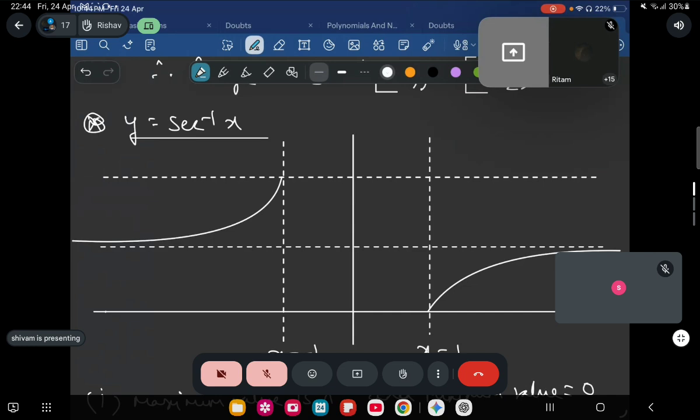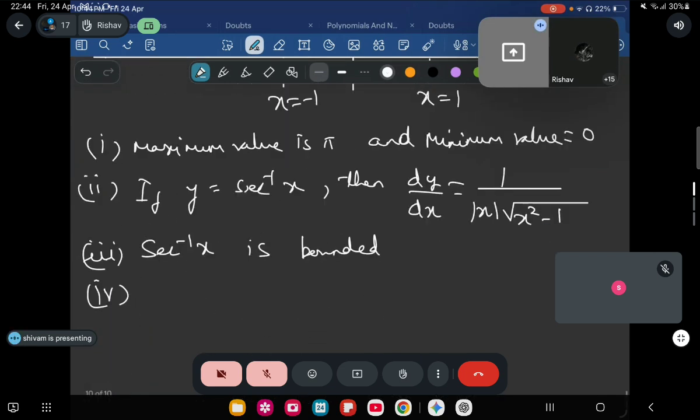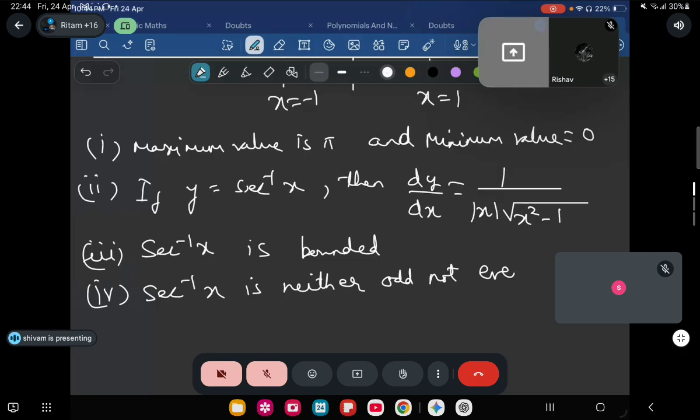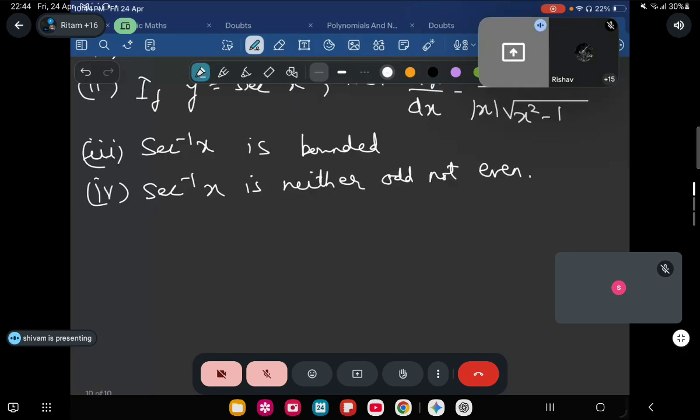Sir, neither odd nor even. Sec inverse x is neither odd nor even. If anyone has any doubt, you can ask me.